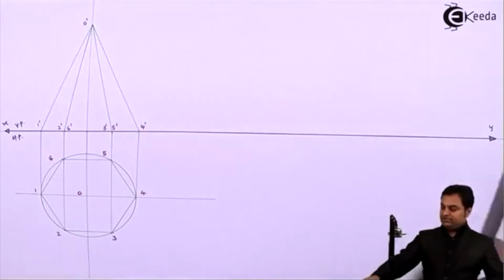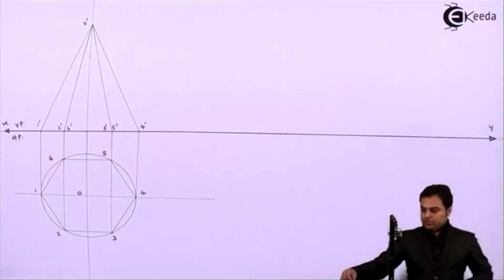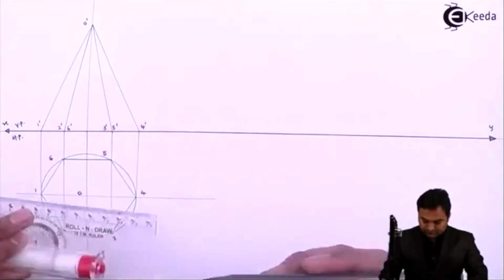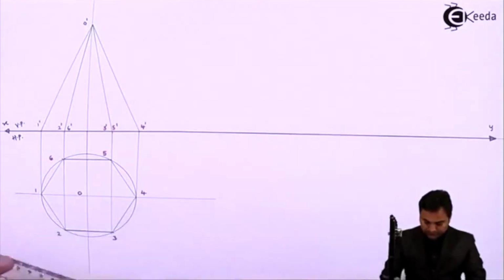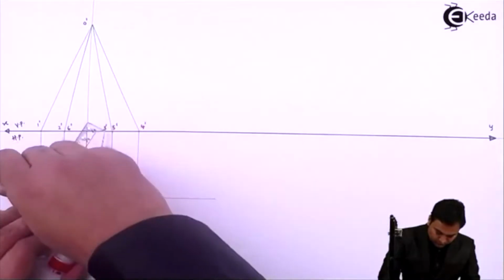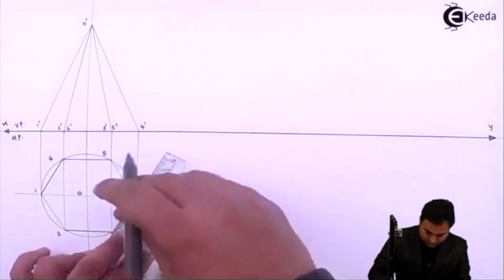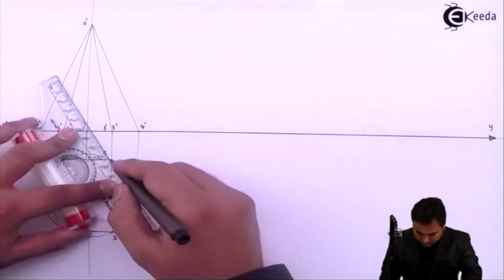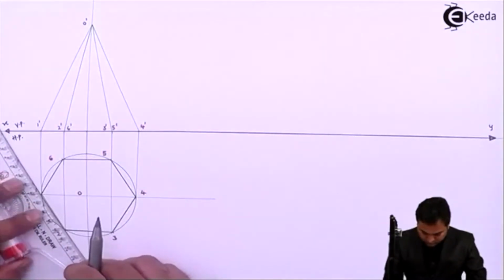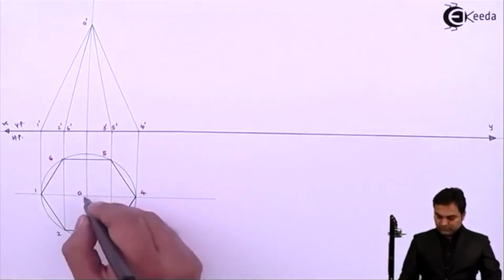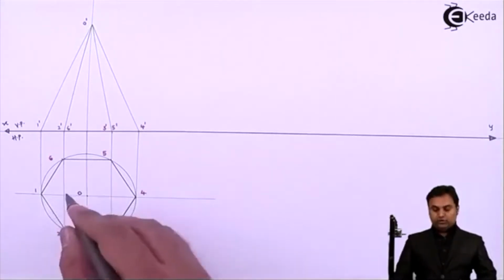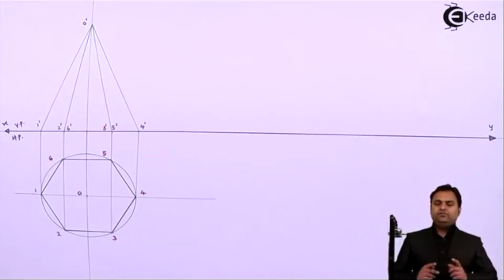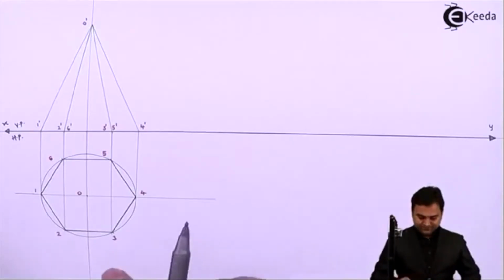Then this is the initial condition. I'll make it dark. Here is the apex. So joining all the corners to the apex, that will give me the slant edges, and in turn we would be forming the triangular faces.